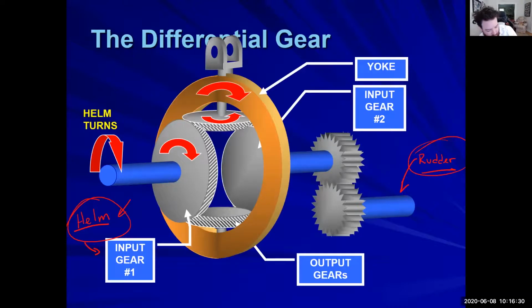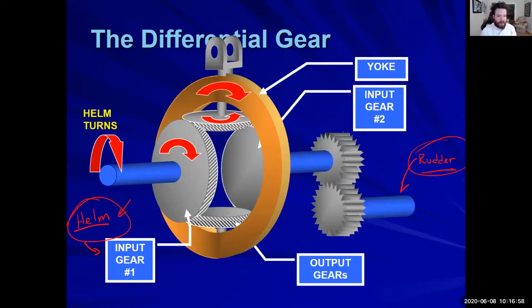Anybody have an idea of why we need the input of the rudder for our steering gear system? To take information about the rudder's location. Yeah, so we want to know what it's doing so that we can have that negative feedback loop.